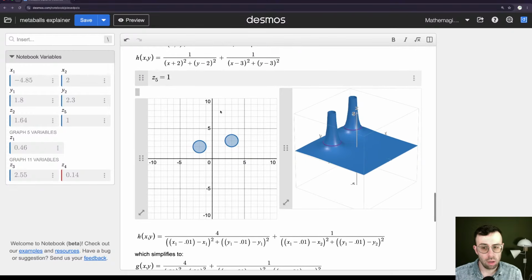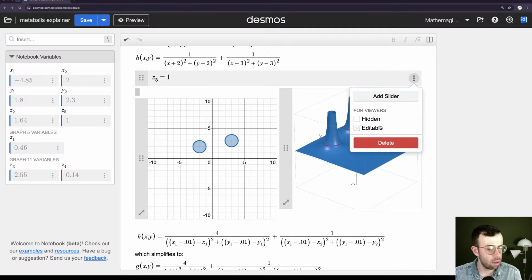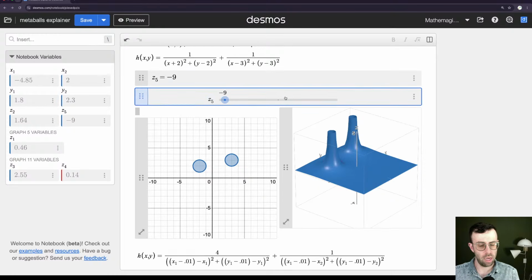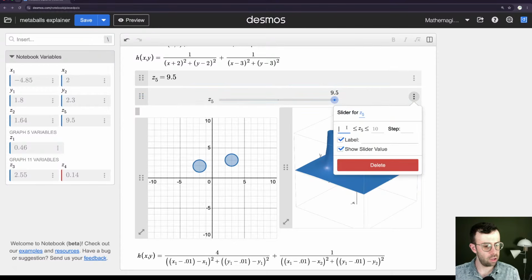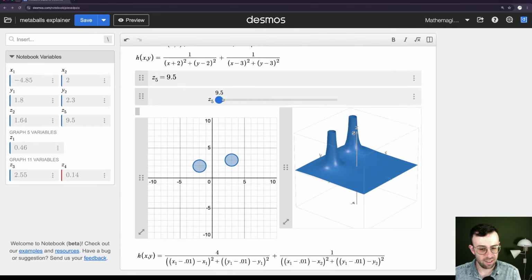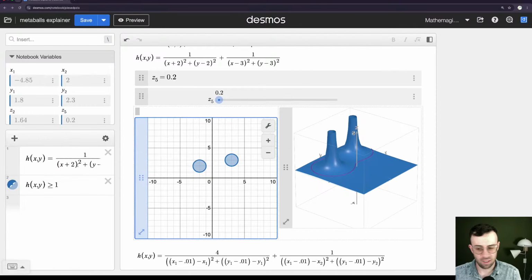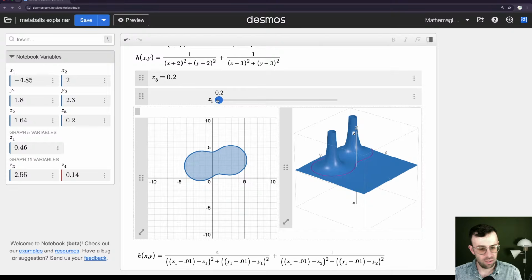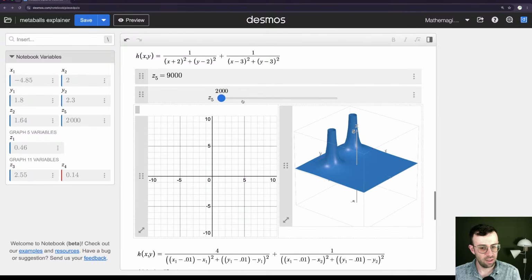Okay, cool. But I want this to be a slider. And you know what? Maybe I can show. I don't know. Okay, that doesn't make any sense.